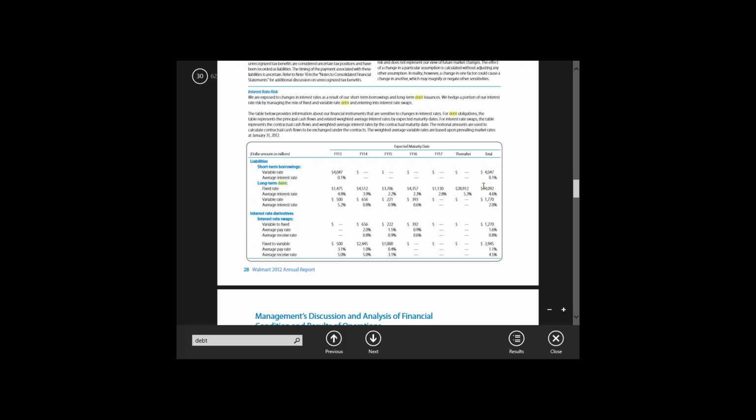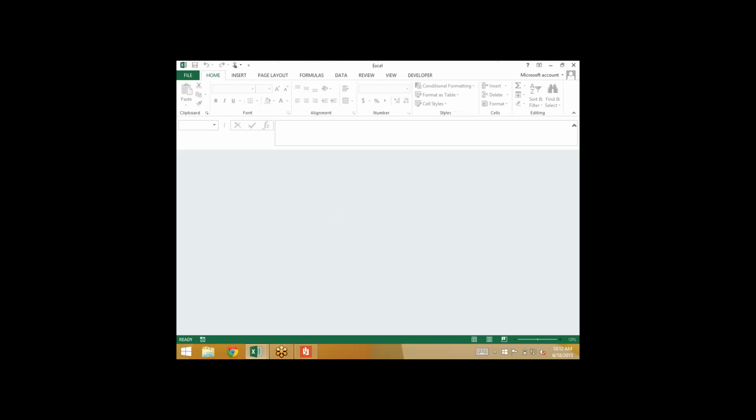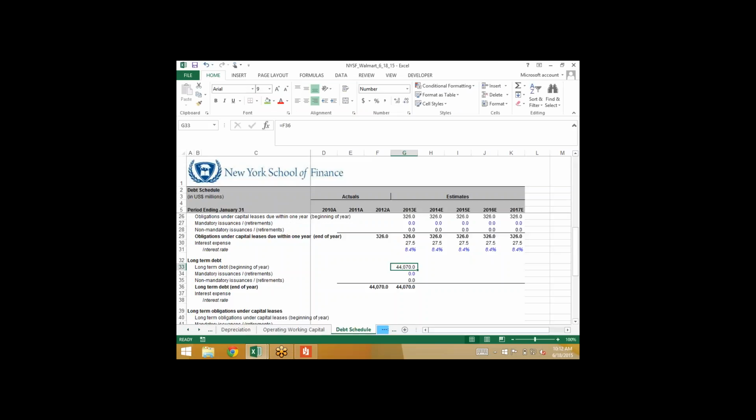Not if you take the 4492 minus 1475 and the 1770 minus 500. Anyway, regardless, because it doesn't match, what I had done was I calculated a weighted average. And I'm going to apply that weighted average to our balance of 44070.